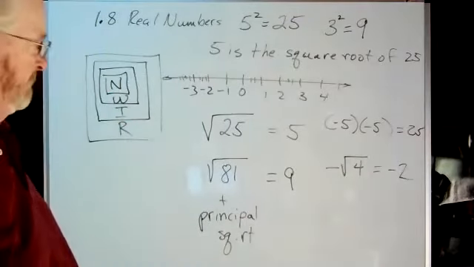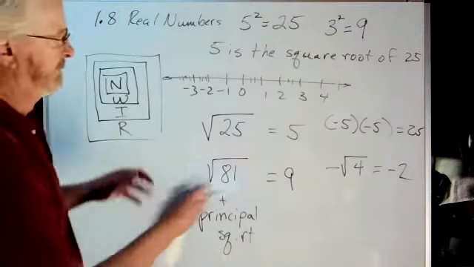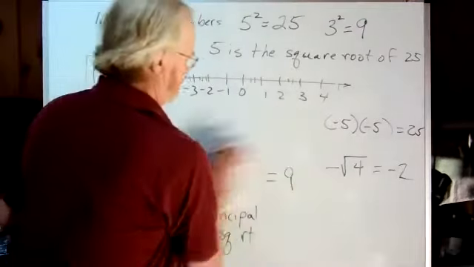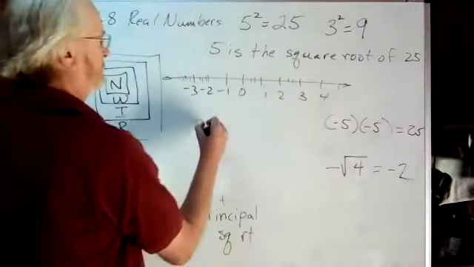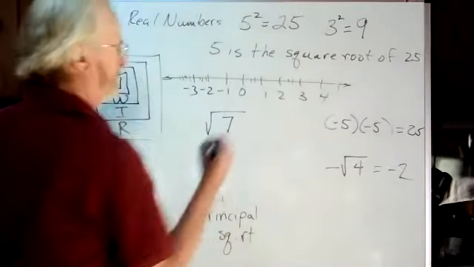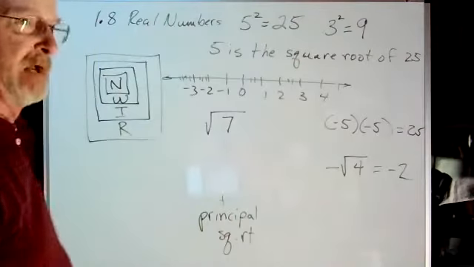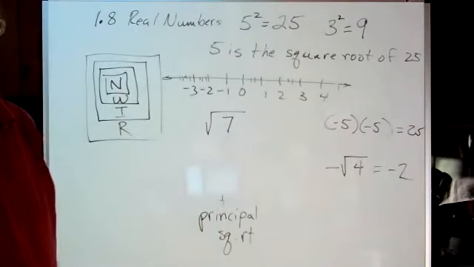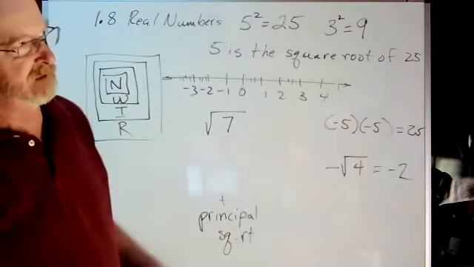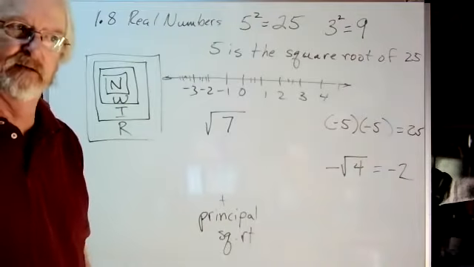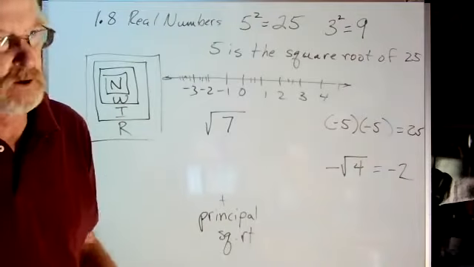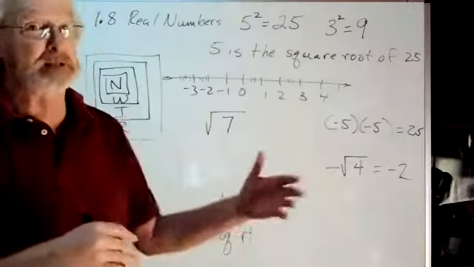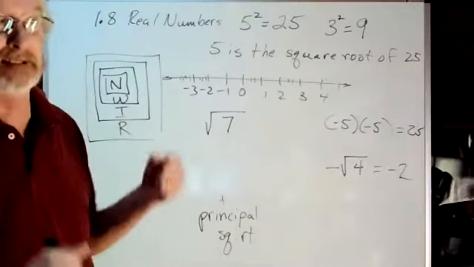And, well, what happens? What number can I square and get 7? That's bigger than 2, smaller than 3. There's no decimal approximation that ever works out exactly.